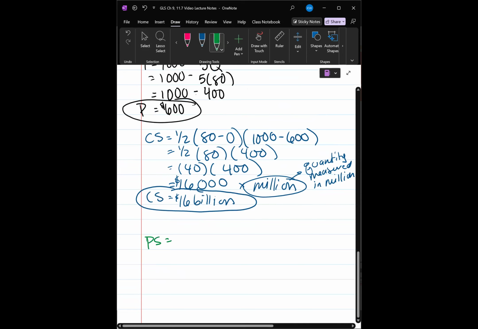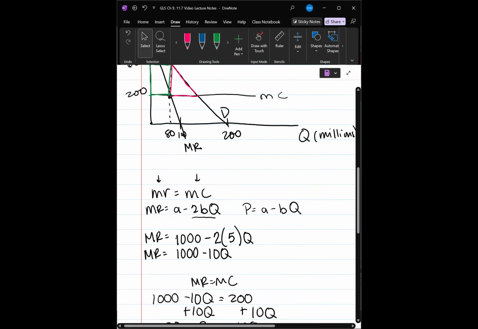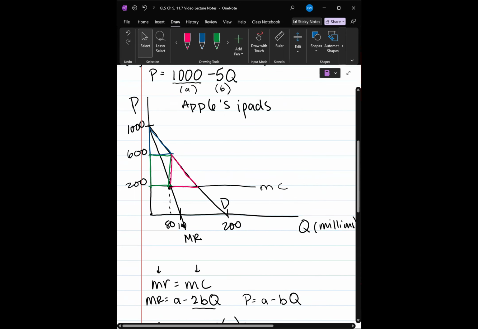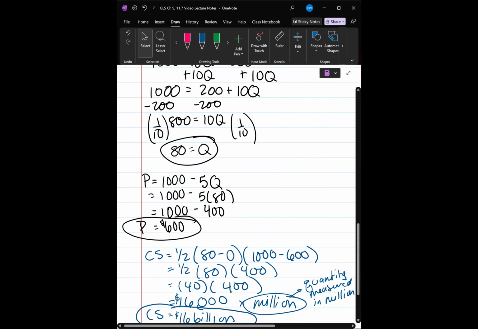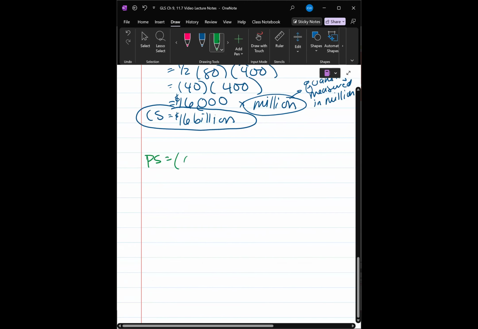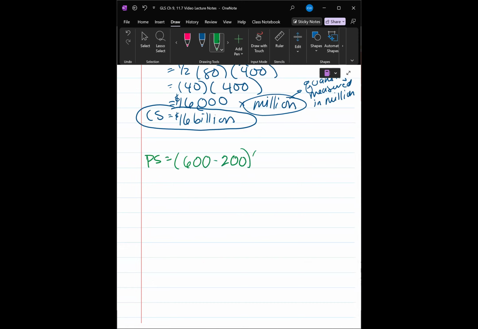All right, now let's find our producer surplus. Our producer surplus is our green rectangle here. So we'll have length times width. We'll have the length of 600 minus 200 and the width of 80 million that are traded and sold. So again, 600, the price the monopolist charges, minus the marginal cost, times the amount exchanged.